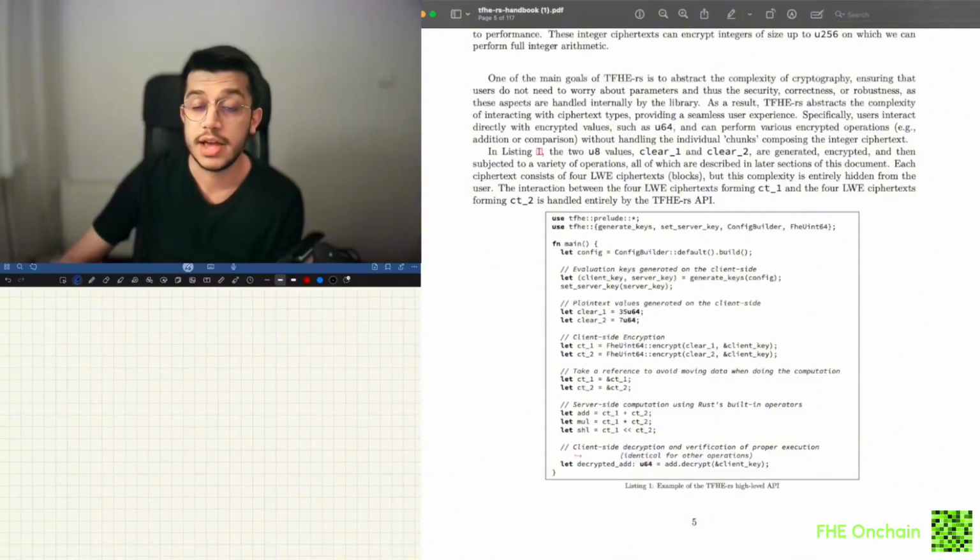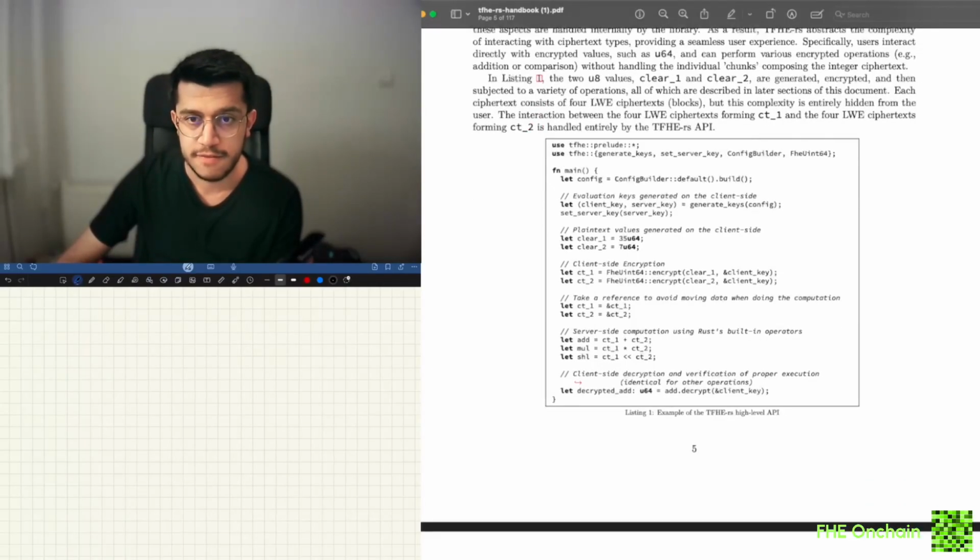Yeah. The client key is used for decryption, and obviously is never stored on the server side, which is obviously the strongest side of FHE. We have 35 and 7. These are U64 integers, and we're encrypting them using the client key.